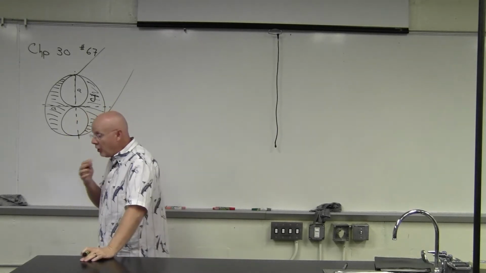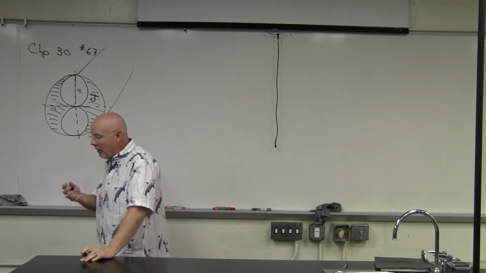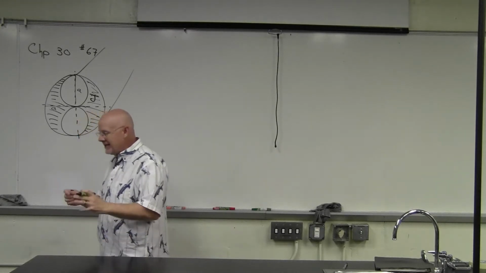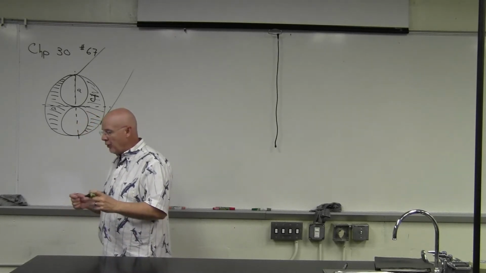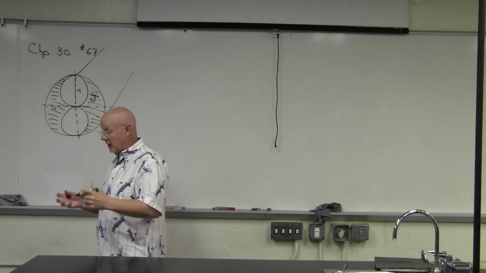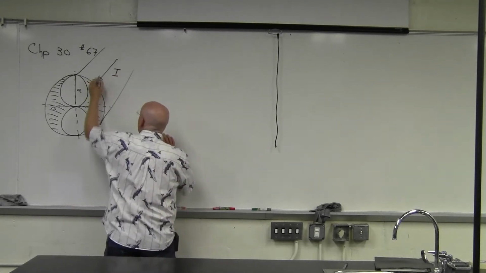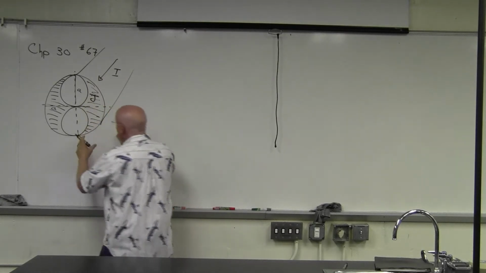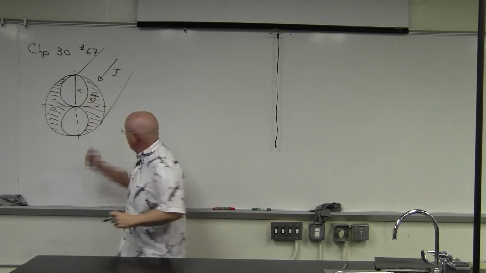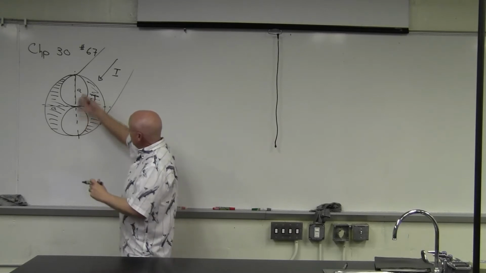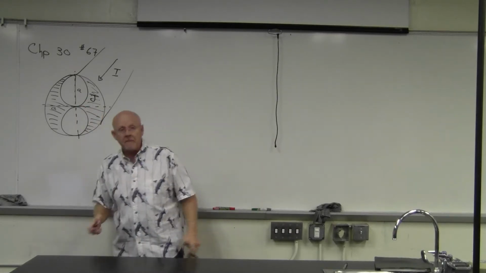I'll keep reading. A current of I is directed out of the page and is uniformly distributed throughout the cross-sectional area of the conductor. So there is a current I, flowing out of the page, spread out not over a whole circle, but what's left of the circle after we cut these holes in it.